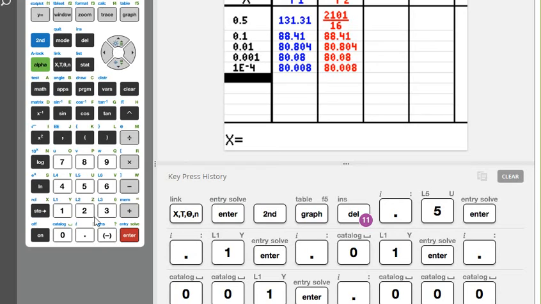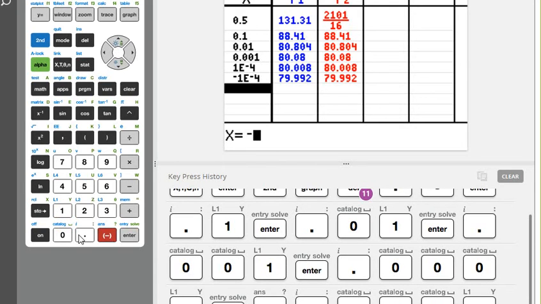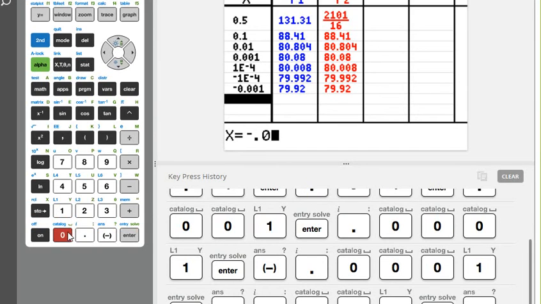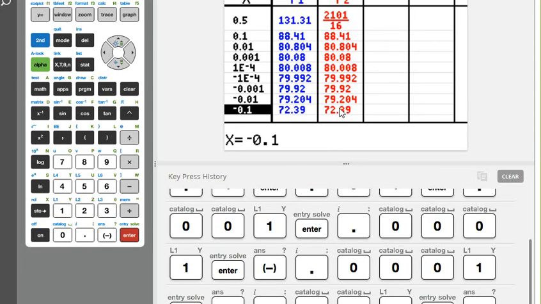Say we had negative 0.0001 or negative 0.001, negative 0.01, and finally negative 0.1. So basically what we've got here is the limit from the left and the limit from the right. And they're both tending to what number? Both tending to get closer and closer to 80.